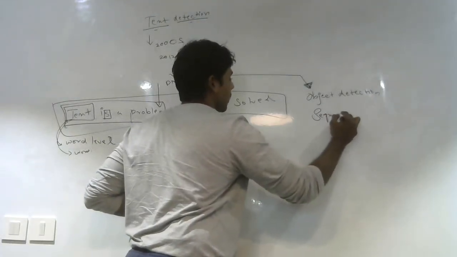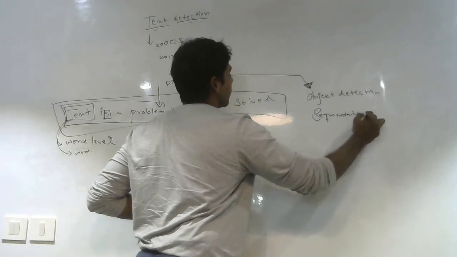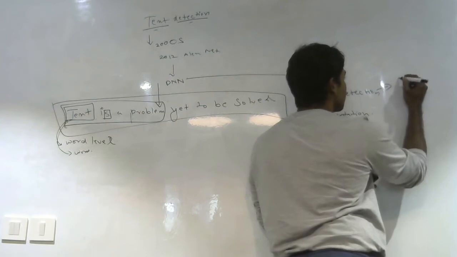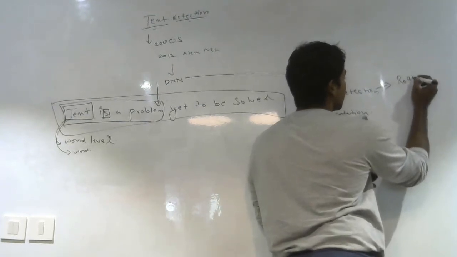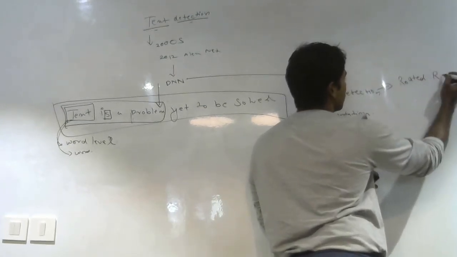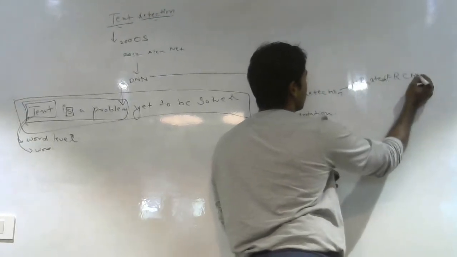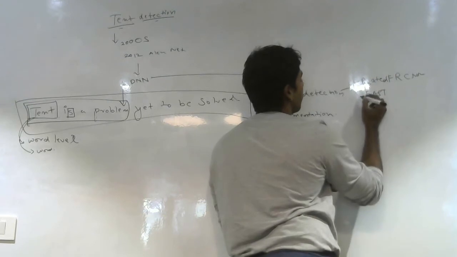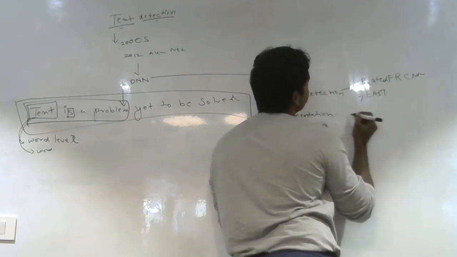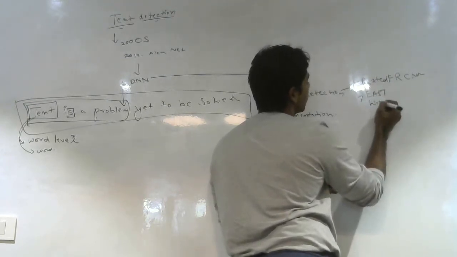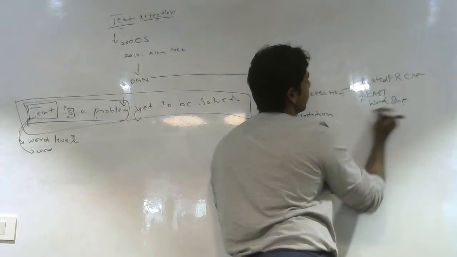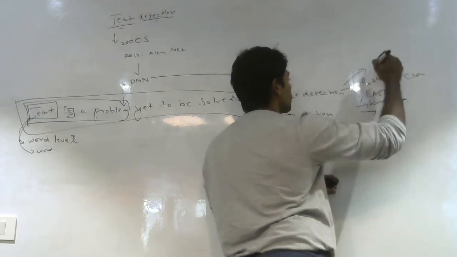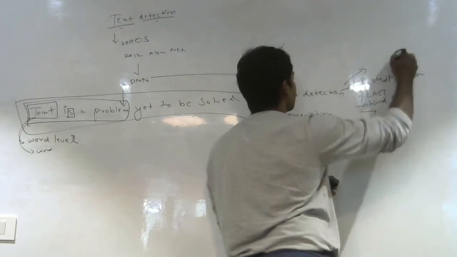Examples of papers? In object detection, there is Rotated R-CNN, Faster R-CNN, EAST, WordSup, and most of the other papers.